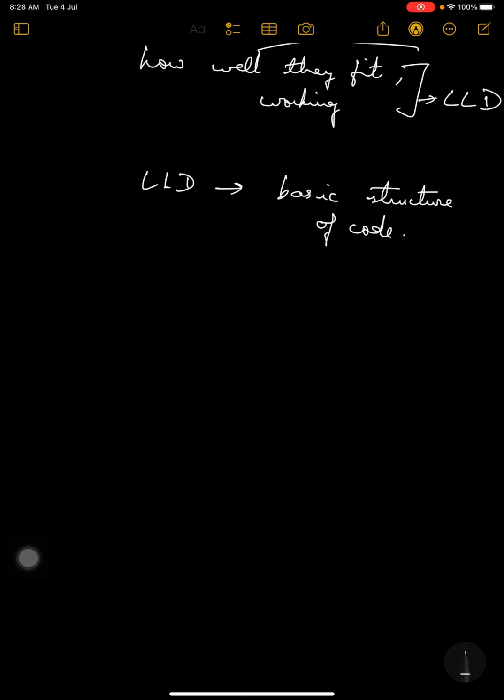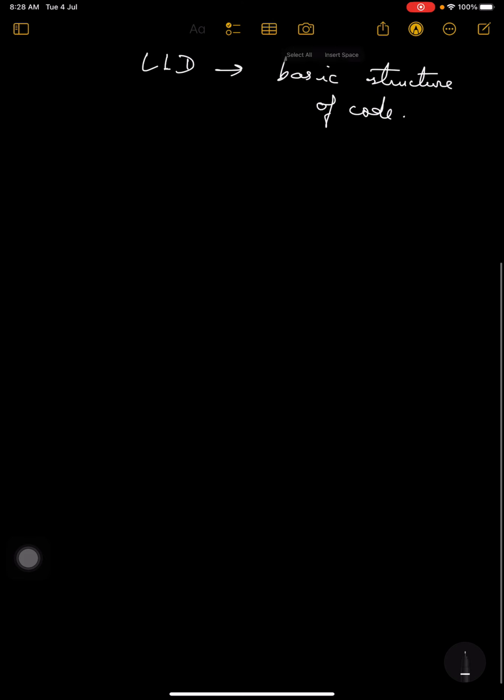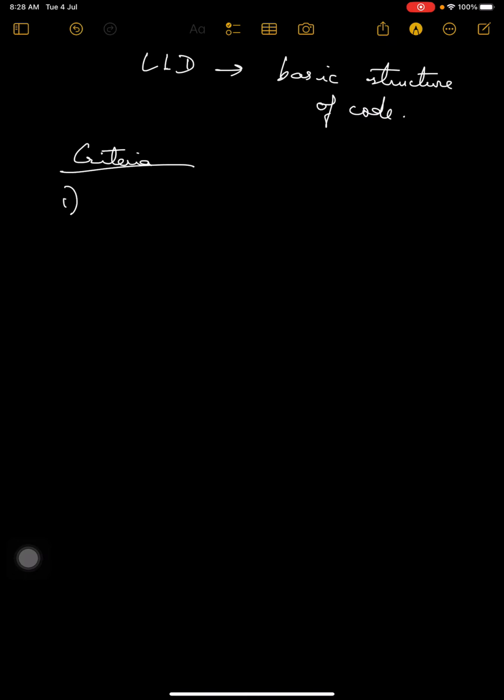So now, how should a low level design be constructed? What are the main criteria that a low level design should follow? Firstly, it should be easy to read, easily understandable.